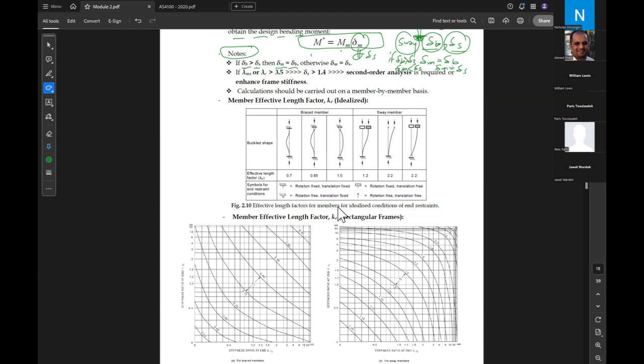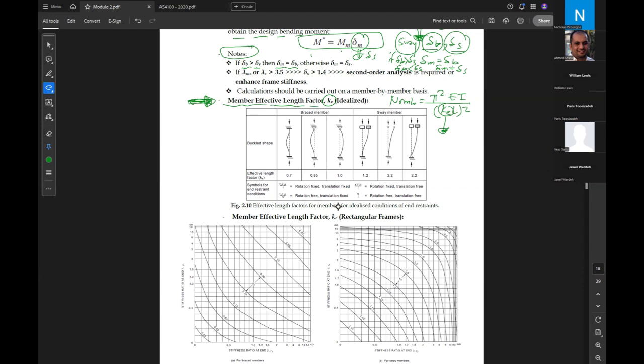Okay, what else do you need to know to proceed? Some information is required. What is KE? N_omb again equals pi squared EI over KE L all squared. KE is the effective length factor or the buckling length factor.